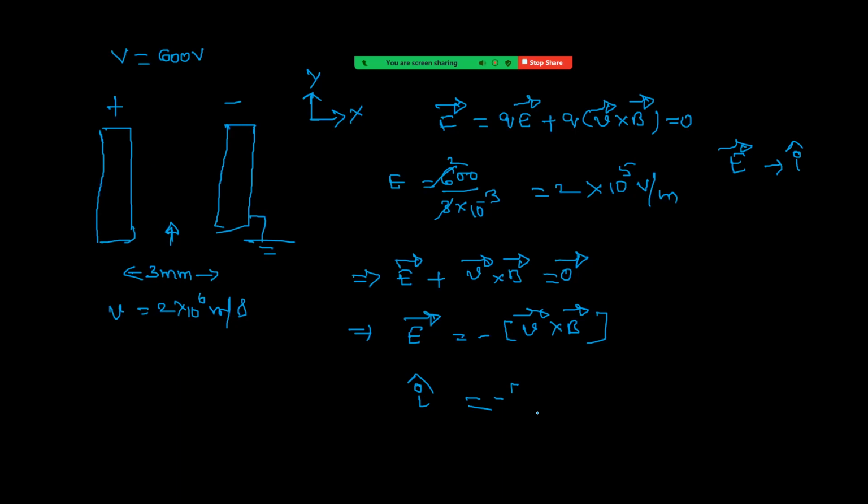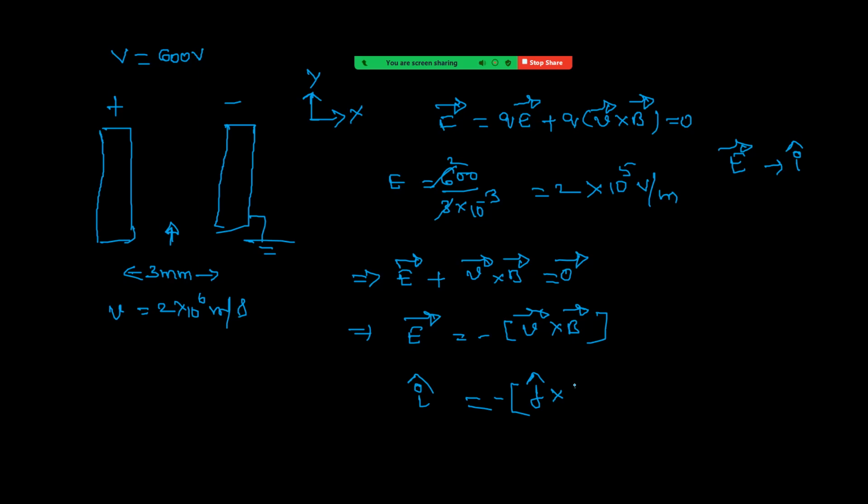Here we are having a negative sign. The direction of velocity is along the positive y-axis. So I have to take j cap cross B bar. Coming to B bar, that is the direction part we have to decide now.